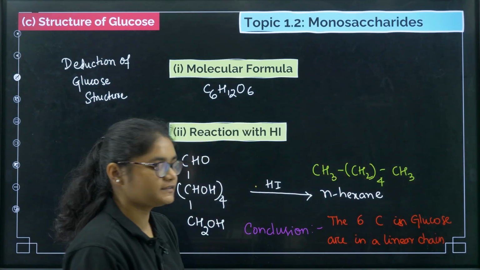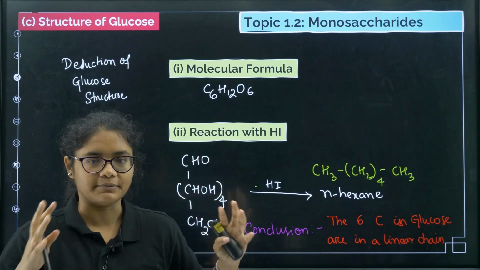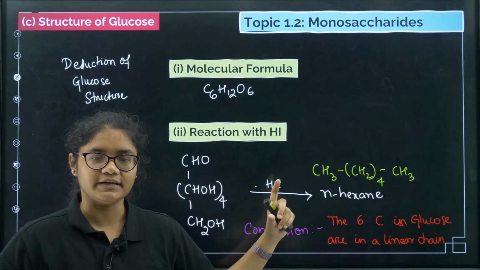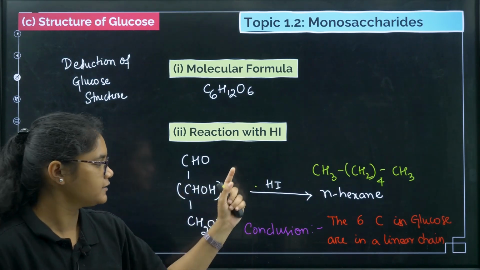That is the first thing we understand, that the 6 carbons of the glucose are not in any branched way or in any cyclic ring, rather they are present in a straight chain. Which reaction tells us that? This reaction tells us, reaction with HI.